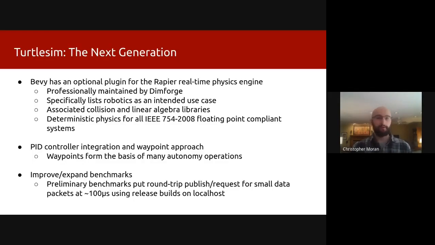That was something that I was really pleasantly surprised with as a development experience. Moving forward, this example here was pretty simple, but there are definitely some improvements that can be made. Bevy has a plugin for the Rapier real-time physics engine, which is, again, professionally maintained by the Dimforge organization.